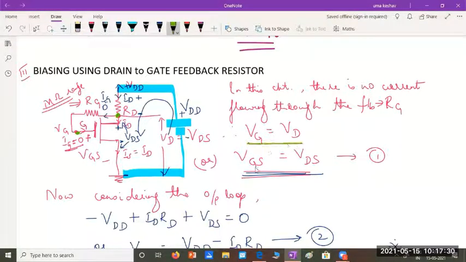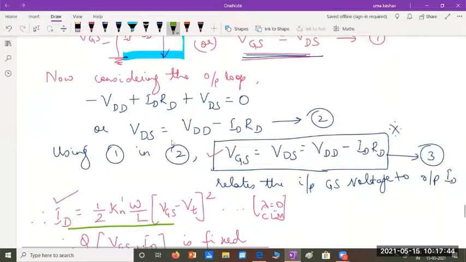Vg is equal to Vd, or Vg is nothing but VGS and Vd is equal to VDS in the circuit. So equate both. Then you write the output loop equation and find the value of VDS, the drain source voltage, and we'll equate it to VGS. So we'll get the defining equation of this circuit.